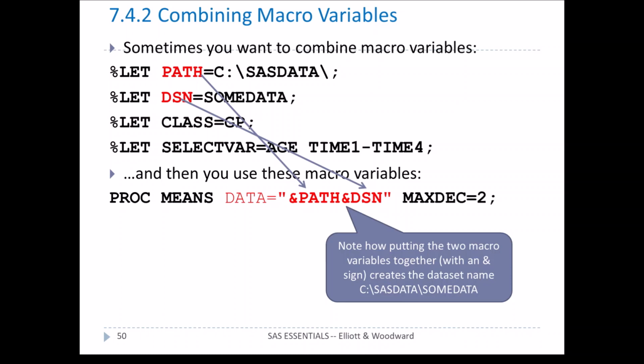And I'm going to have a couple of other ones that I'm going to use in a minute, class and select var. But let's look at the proc means. If I say data = &path &DSN, and just shove them together like that, that actually resolves to C:\SAS data/some data. So if I have two macro variables, I can just shove them together and they'll concatenate.